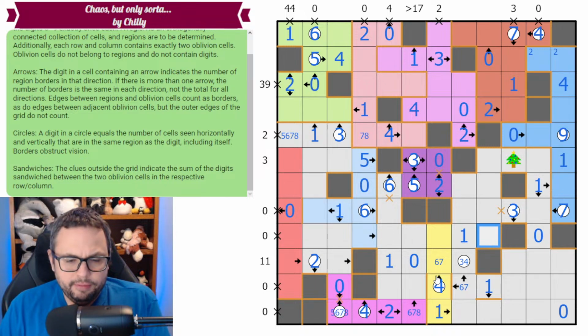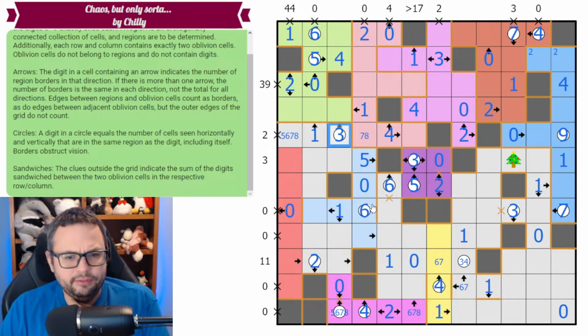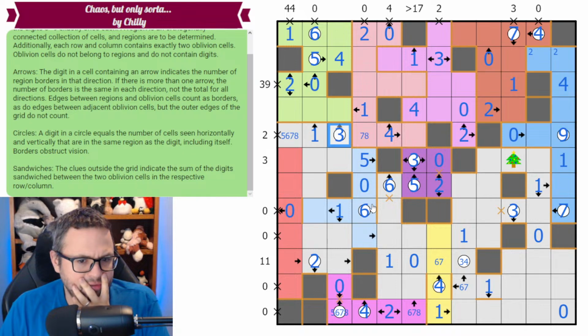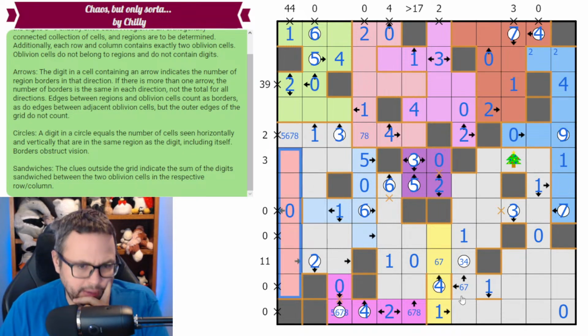So we've got all of that. Is this 3 going to be red, I guess is the question. Yes, because otherwise red isn't getting a 1.